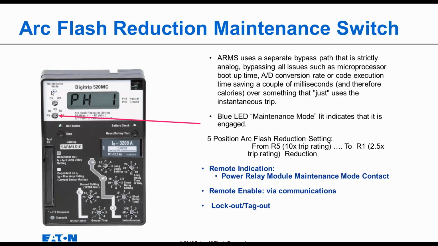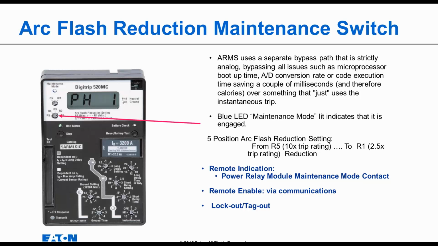The blue LED tells you that when it's engaged, when you turn it to the on position, the blue LED comes on as feedback from the trip unit to tell you that it's engaged. There's a 5-position reduction setting. And I know several of our maintenance people, we have an engineering service organization, and they actually requested this. They said if they're working on a system and they know they have to keep the power on, they don't want it to nuisance trip if there was a motor startup.